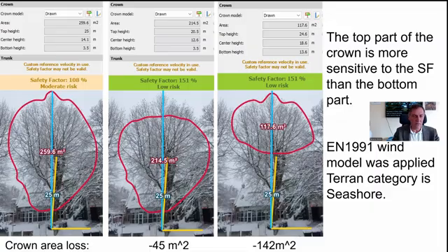In this case, we lost 142 square meter. So this is a recommendation that always, if you need to reduce the crown, it is recommended to reduce at the top. It's much more effective.